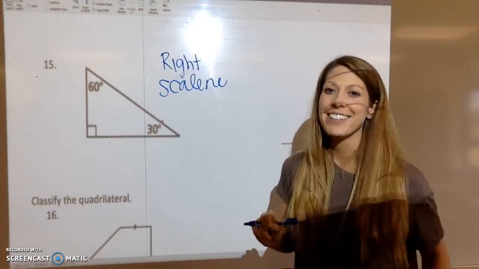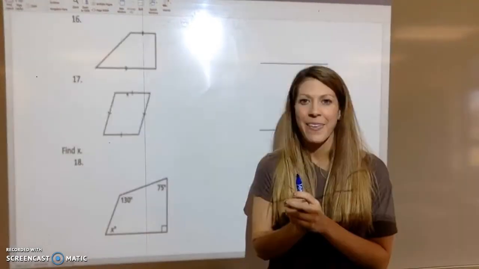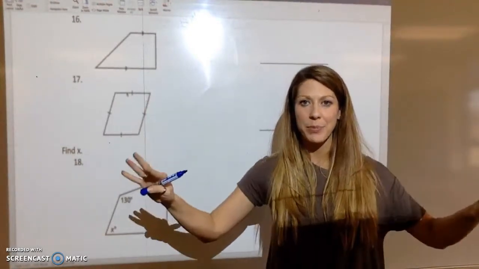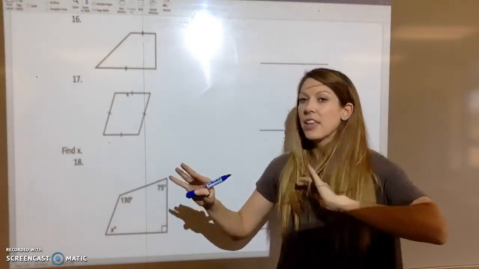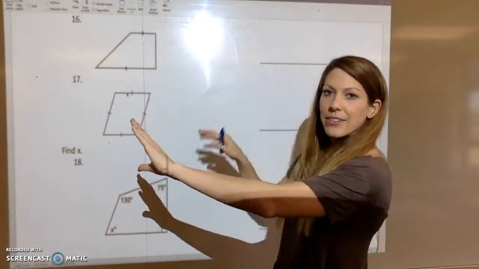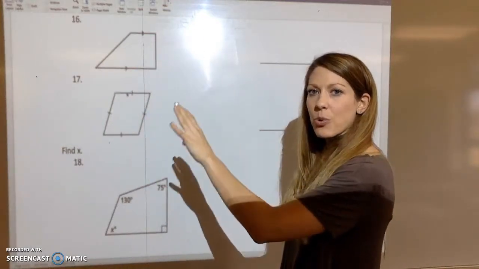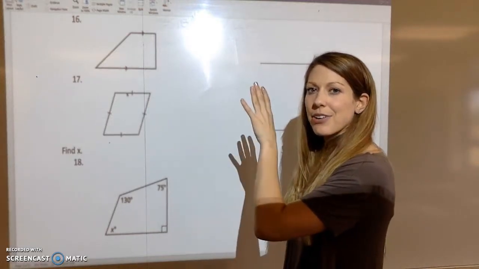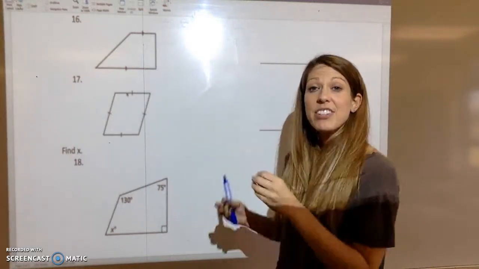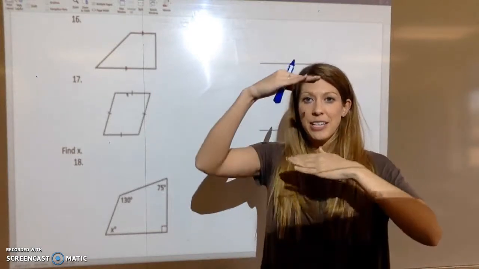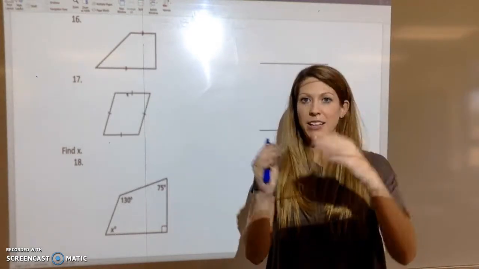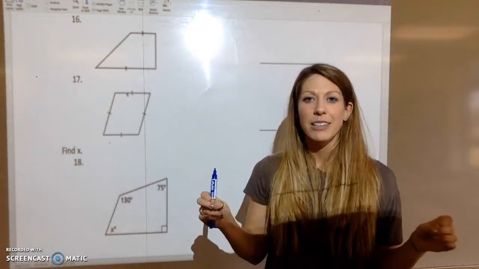All right, now let's talk about quadrilaterals. Okay, think about our little quadrilateral family tree that we made. There are three types of quadrilaterals. There are those that don't have any parallel sides, those that have one parallel side, and those that have two pairs of parallel sides. If there's two pairs of parallel sides, so tops are parallel, sides are parallel, then that's called a parallelogram.